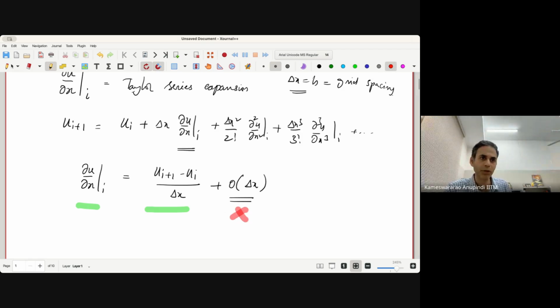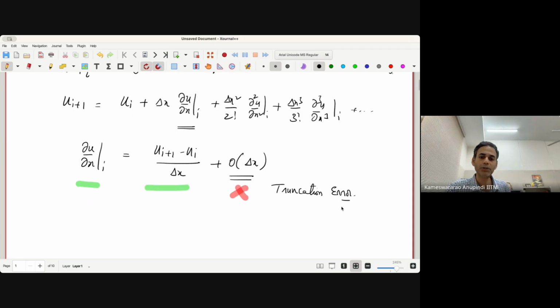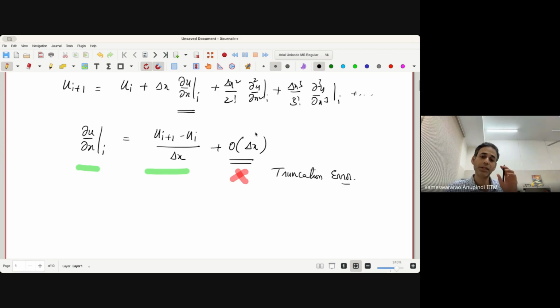We call this the truncation error for this particular scheme. This truncation error is the leading order error, the highest error that we are truncating out of the entire series, because the other terms have delta x squared, delta x cube, and so on. These are not large because delta x is less than 1. Delta x squared, delta x cube, and so on are much smaller compared to delta x.